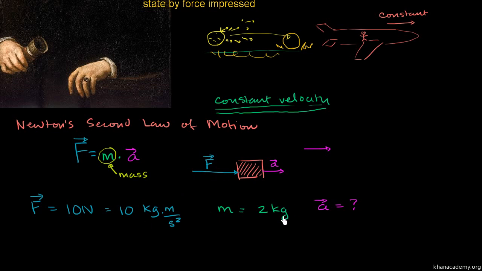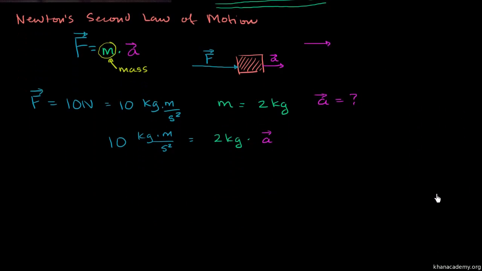So what would be the acceleration? Well, we just use F equals ma. On the left-hand side, you have 10 newtons, or I could write 10 kilogram meters per second squared. And that is going to be equal to the mass, which is 2 kilograms, times the acceleration. And then to solve for the acceleration, you just divide both sides by 2 kilograms.